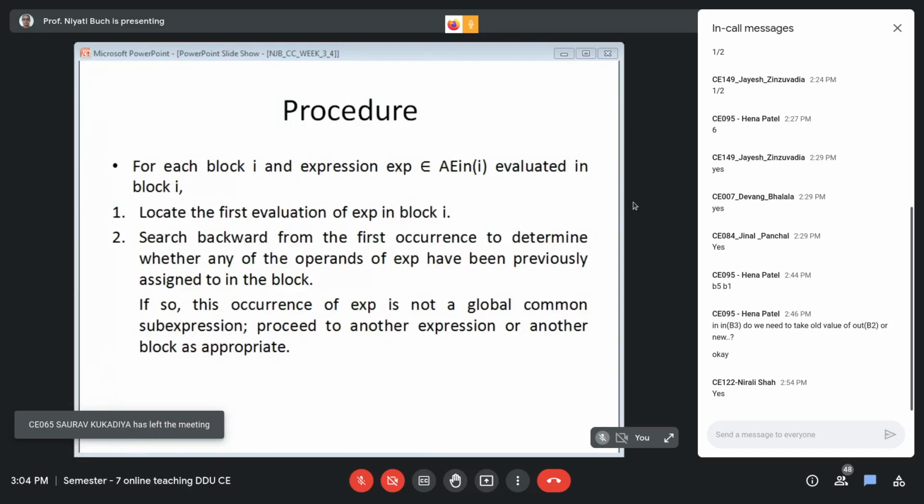Then search backwards from the first occurrence to determine whether any of the operands of the expression have previously been assigned to in the block. If they have been assigned in the block, then it is not a global common subexpression.